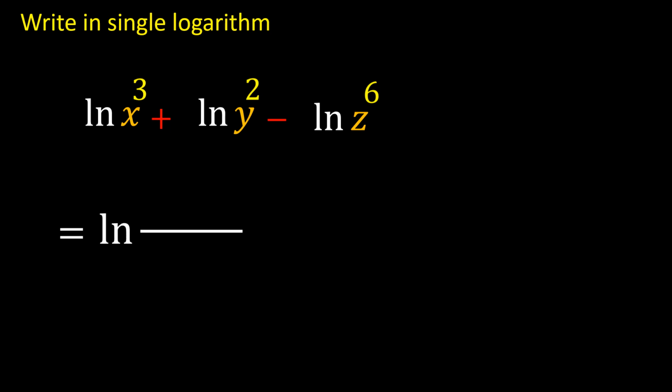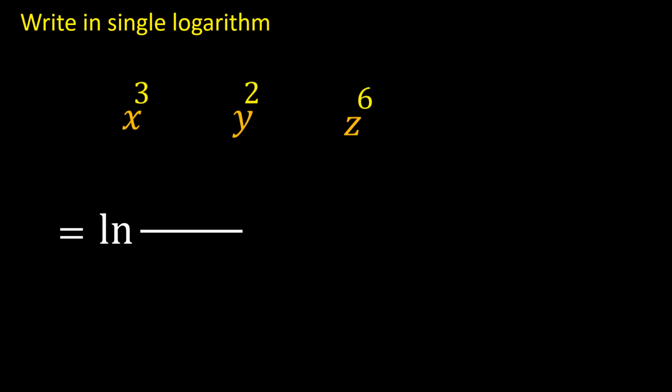So it's equal to ln and put the fraction. The numbers we added, we will multiply together, x power 3 and y power 2. And since ln z is after subtraction, z will be the denominator. So the answer will be like this: ln of x power 3 times y power 2 divided by z power 6.